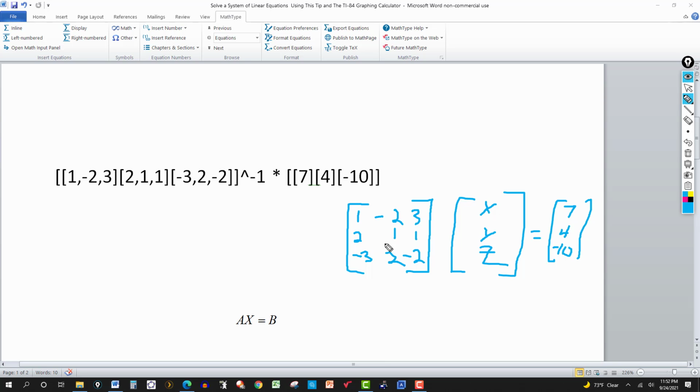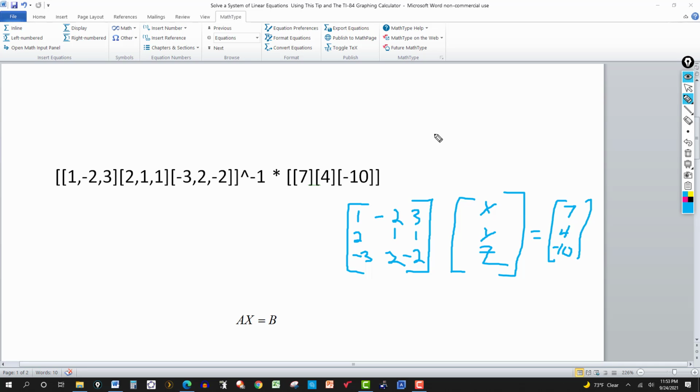Now, if I do this multiplication right here, then manually the 1 would multiply the x, the minus 2 would multiply the y, and the 3 would multiply the z, and then you would add those using the rules for matrix multiplication, and I would get 1x minus 2y plus 3z equals 7. The second row would be 2x plus y plus z is equal to 4. And then the next one, minus 3x plus 2y minus 2z equals negative 10.